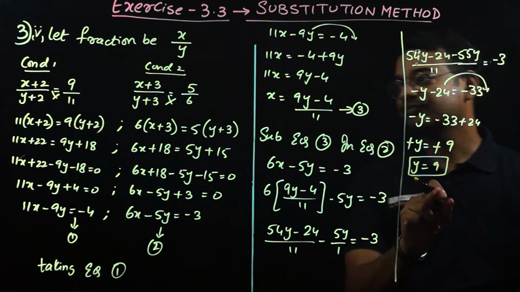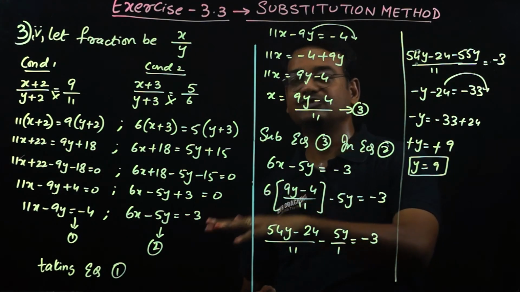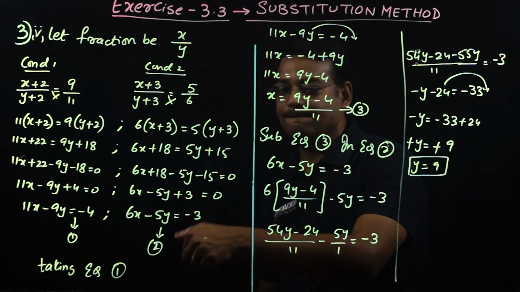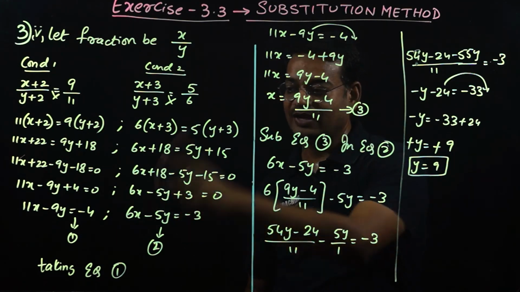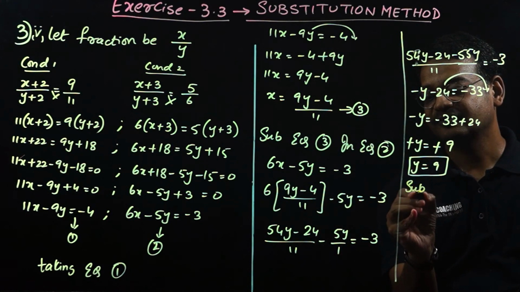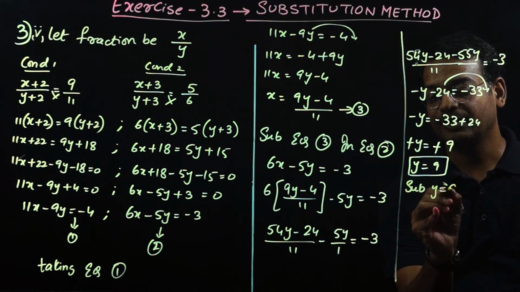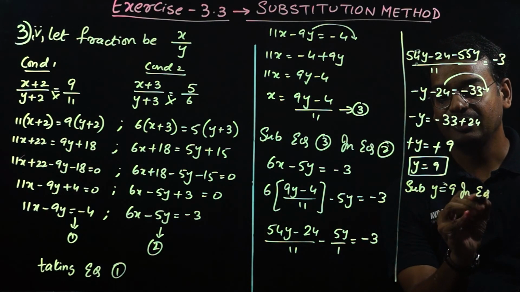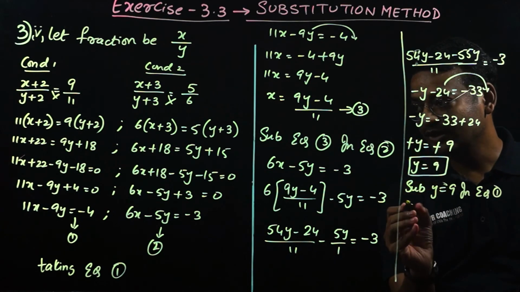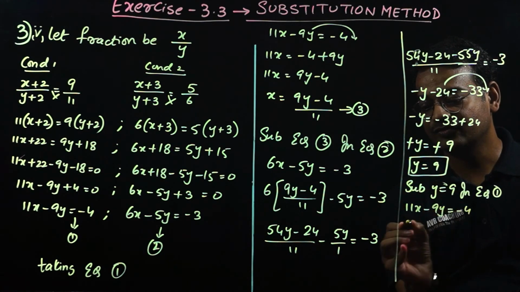Now we will substitute y equal to 9 in equation 1. Equation 1 is 11x minus 9y is equal to minus 4.